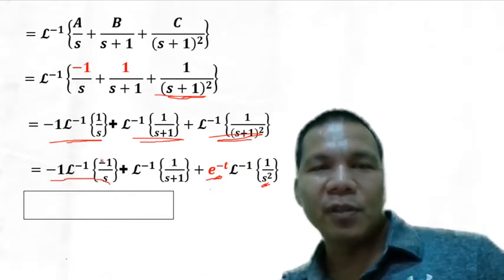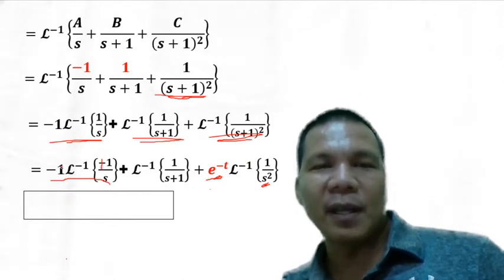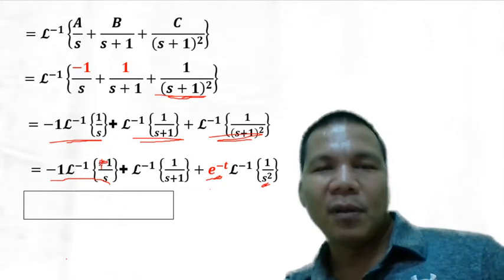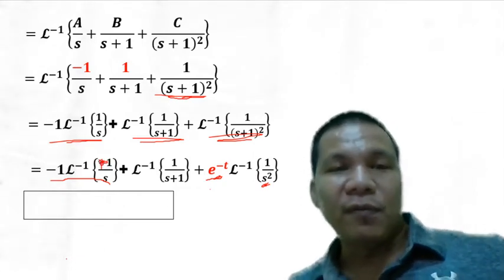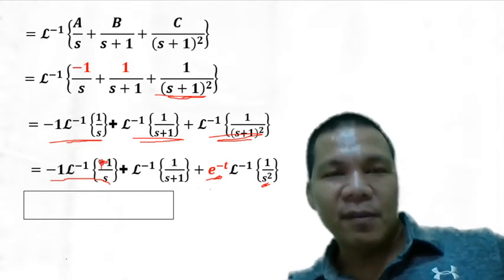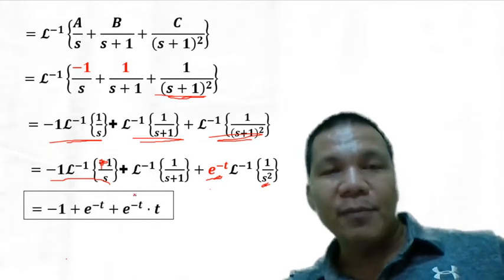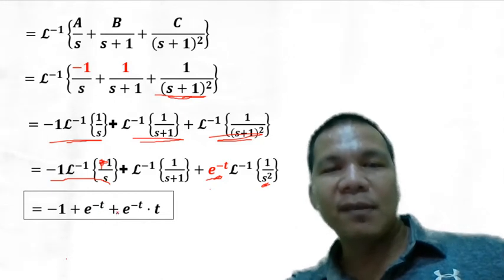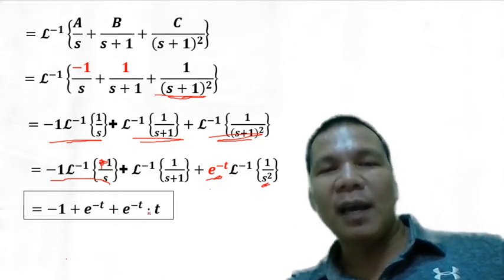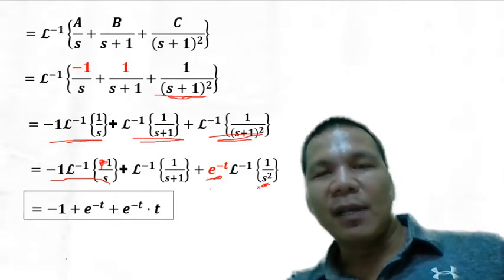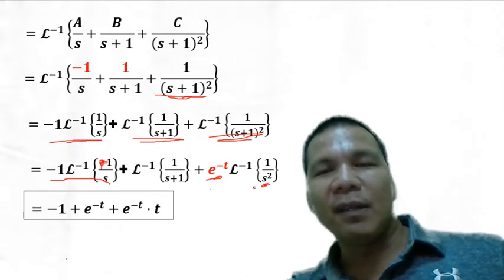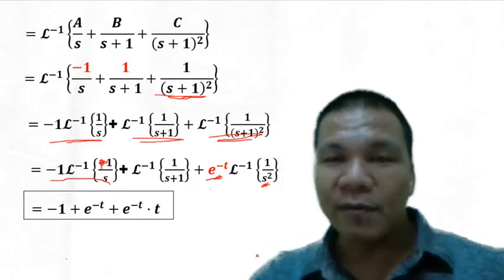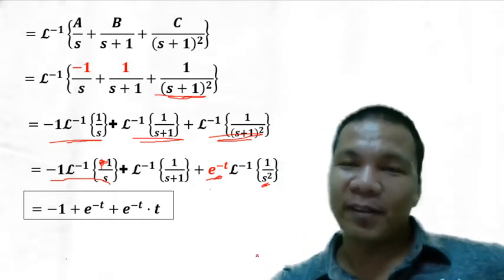I'm sorry, this should be positive because negative 1 was transferred before your inverse Laplace transform sign. So the final answer would be negative 1 plus e raised to minus t plus e raised to minus t times t. So the inverse Laplace transform of this is equivalent to t. All right, that's it for the repeated quadratic factors.